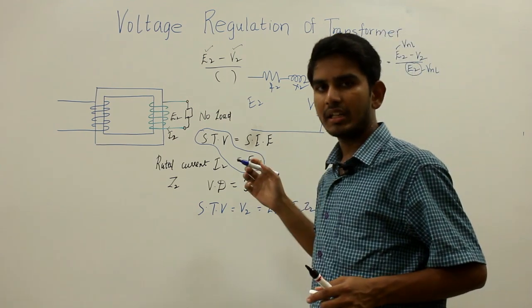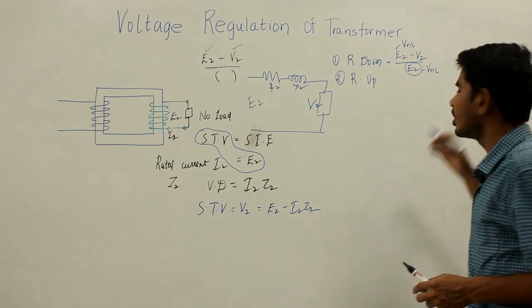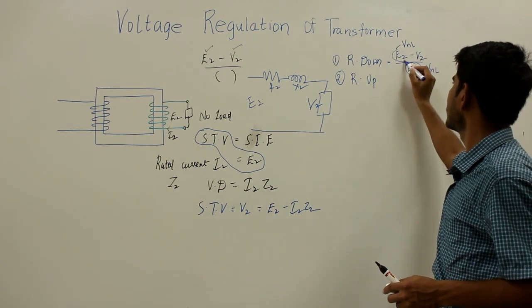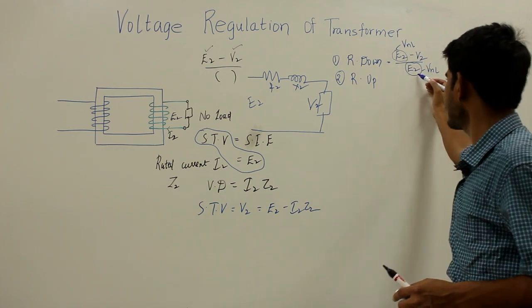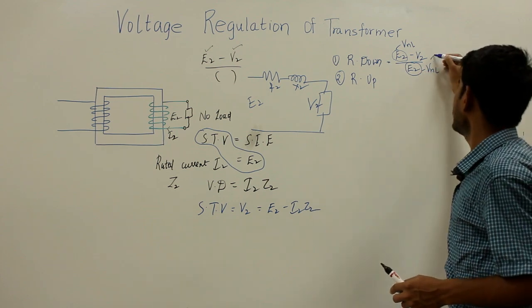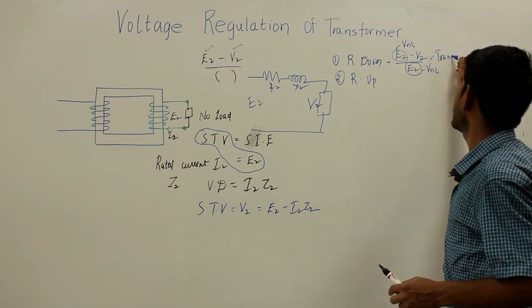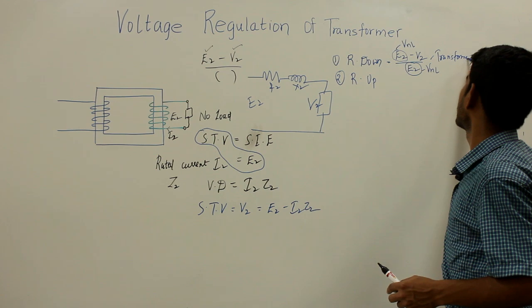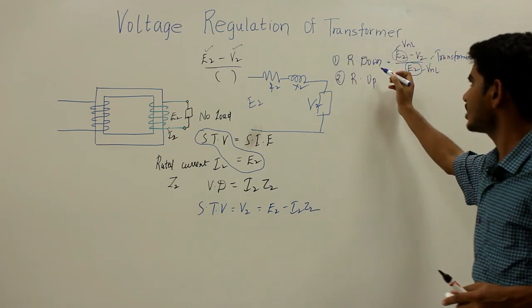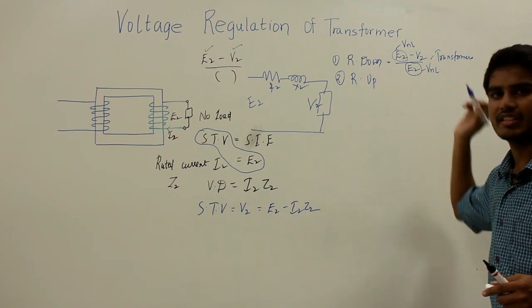This no load voltage is the one given by the power supply provider, and the user has no control over it, and hence it is taken as the reference in transformers. So in transformers the no load voltage is taken as the reference, and this is what we call voltage regulation down.